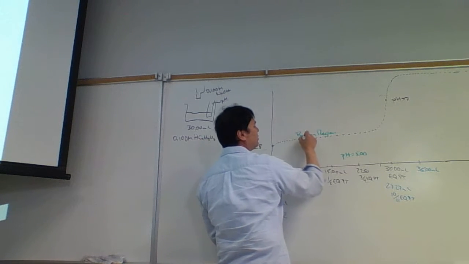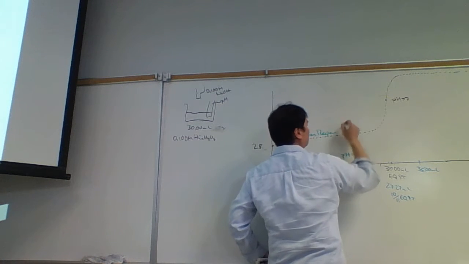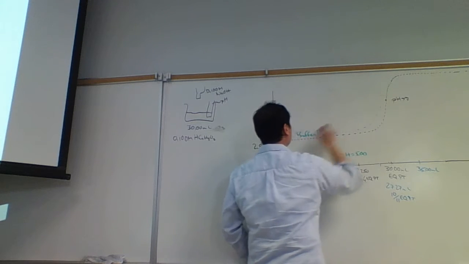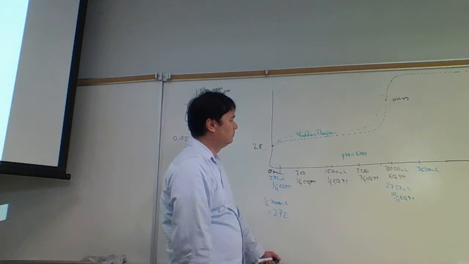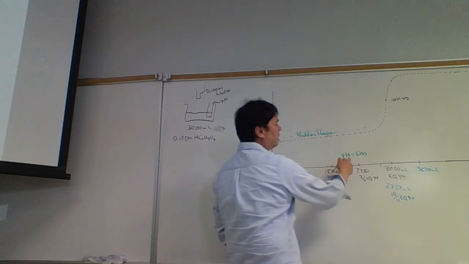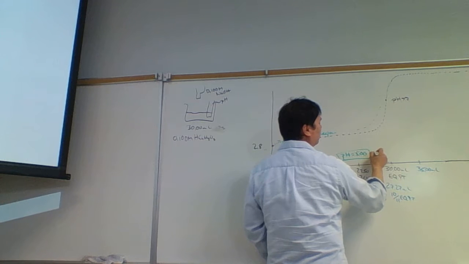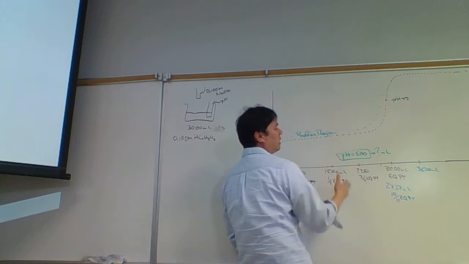And the buffer region is going to extend just past this and just this point here. And so this is in there. And so in order to get a pH of 5.00, how many milliliters of sodium hydroxide is that? Where am I? Here.